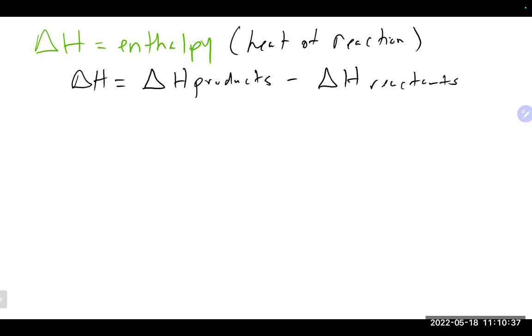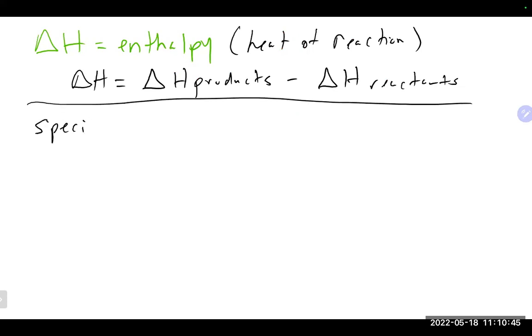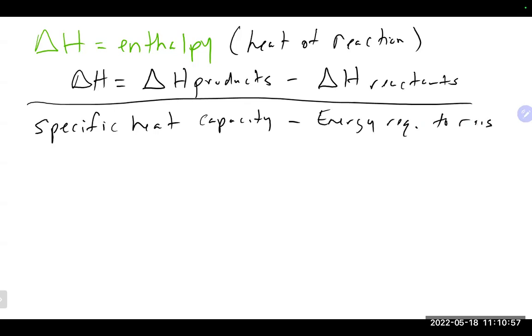Now, we also talked more specifically about specific heat in this chapter. The specific heat, or the specific heat capacity, is the amount of energy required to raise 1 gram of a substance by 1 degree Celsius.